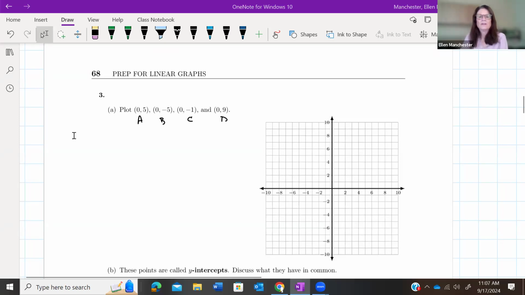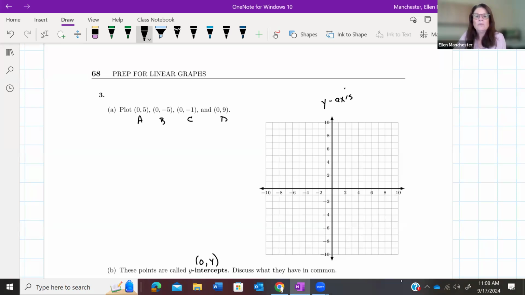Okay. So again, this is just kind of the preliminaries. So remember, when you look at this, if 0 is first, these are going to be your y-intercepts, because the x is 0. So when x is 0, all of these points are just going to be sitting right here on your y-axis.